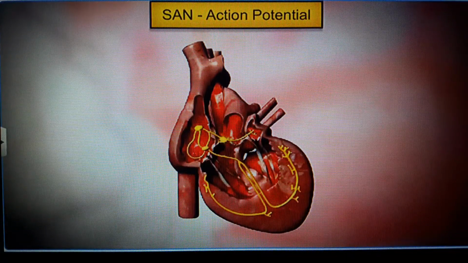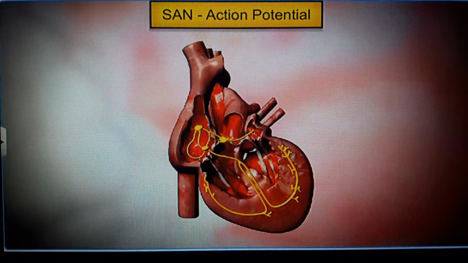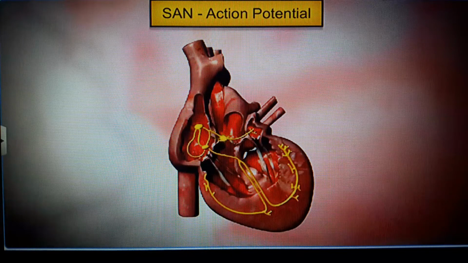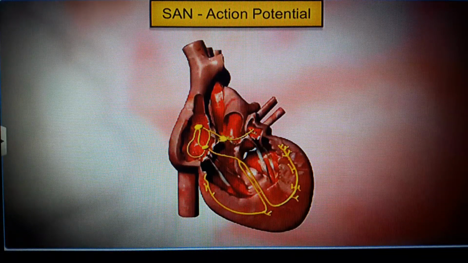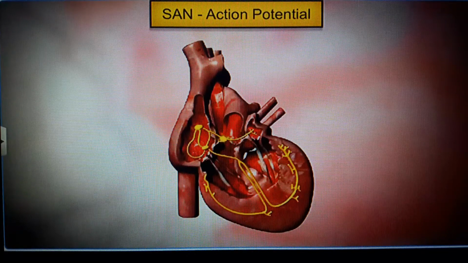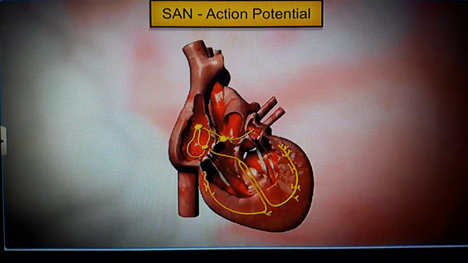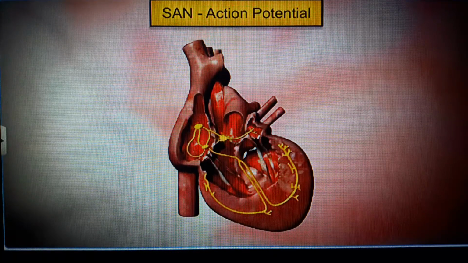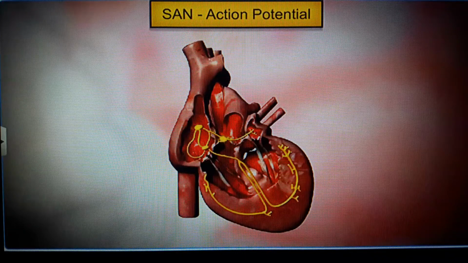In the heart of mammals, there is a specialized area of cardiac muscle fibers called the sinoatrial node or SA node. It is just near the entrance of the superior vena cava on the right atrium. So it is situated near the upper lateral wall of the right atrium.